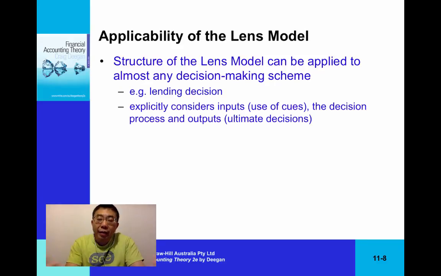Well, that example of the Brunswick lens model provided you with an overview of how behavioral accounting research might work. How does it apply to accounting, for example? It can be applied to any aspect of accounting. So instead of looking at how we decide the selection of a potential MBA student, we could also look at how we decide which company or person we should lend to.